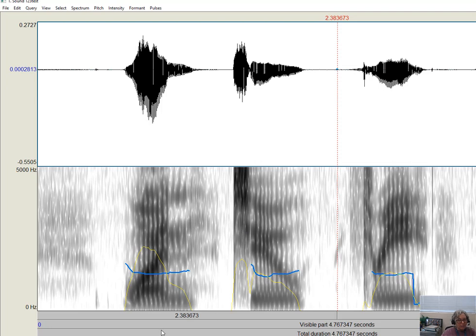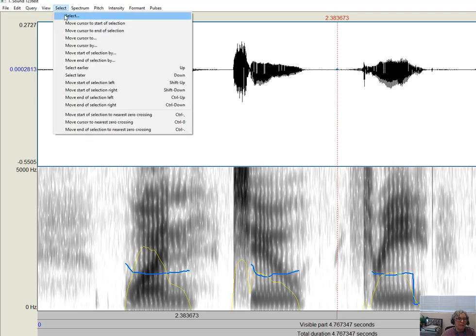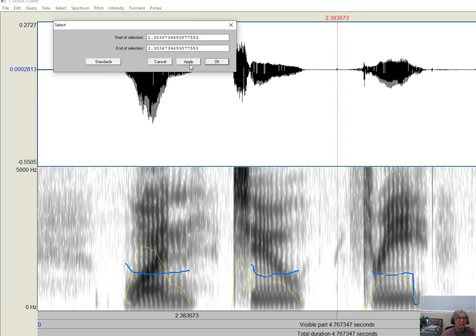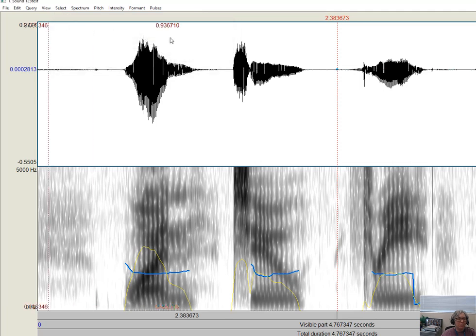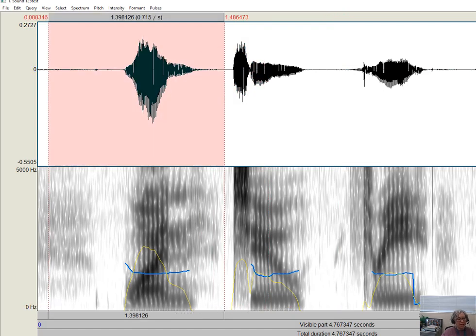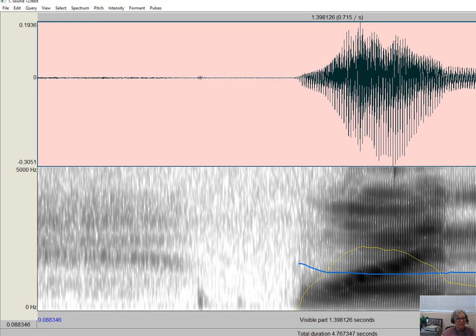I do want to show you how you can manipulate this sound file, how you can look at it. So if I want to select a little bit of this sound file, let's say I want to listen to my production of sound. I have selected it with this pink outlining, and then if I hit select, I now have isolated that pink part.